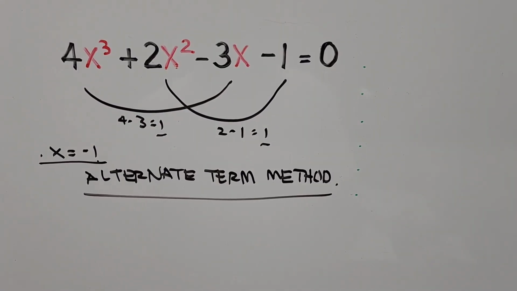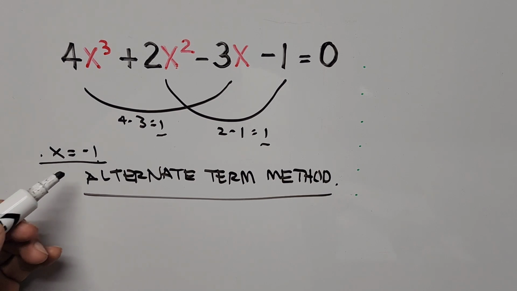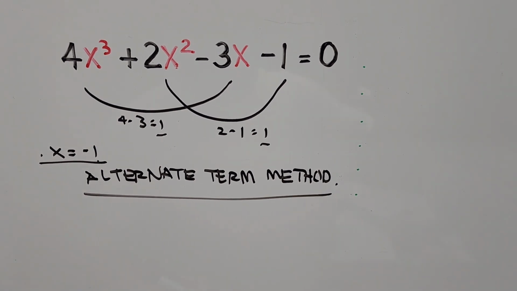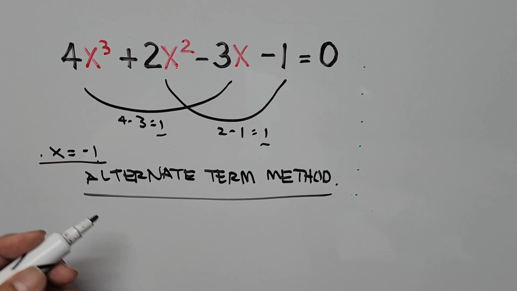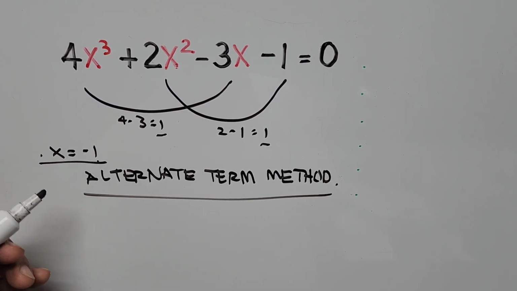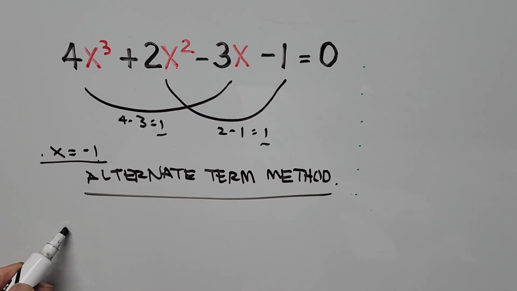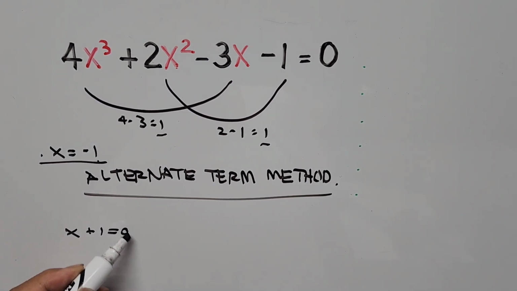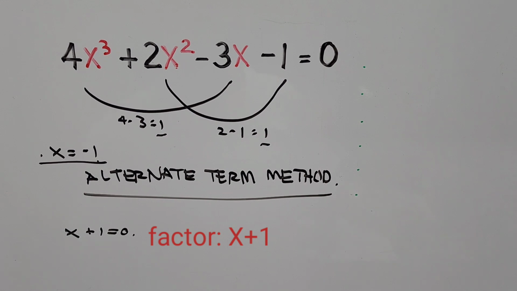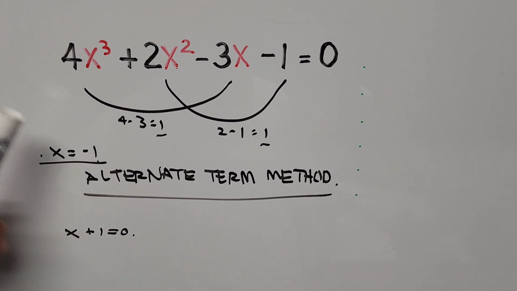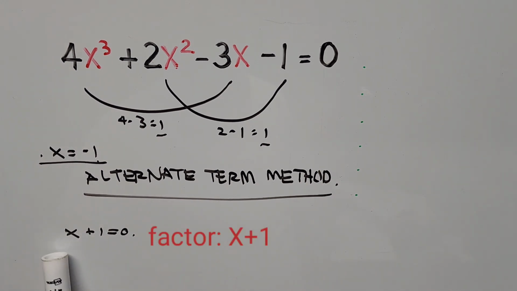And so from here, we'll be using synthetic division to find the other factor of the cubic equation, considering the value of x, -1. Since we convert this to a factor of the cubic equation, x plus 1 equals 0, and the factor is x plus 1. We can use long division if we want to, by dividing the cubic equation by the factor x plus 1 to find the other factor.